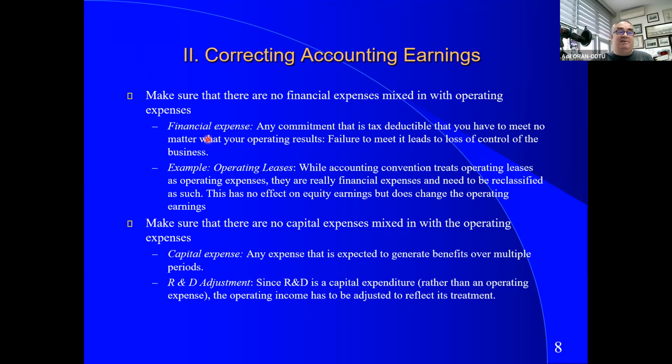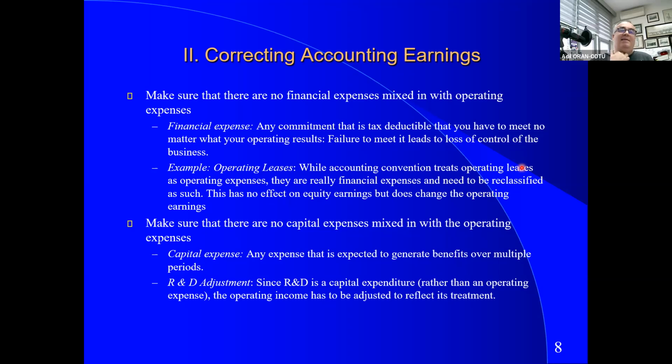Okay, so if this is the definition of a financial expense, whereas an operating expense, then you have operating leases. These are simple rental agreements, not long-term, not very big amounts, and so on. So accounting includes these under operating expenses.